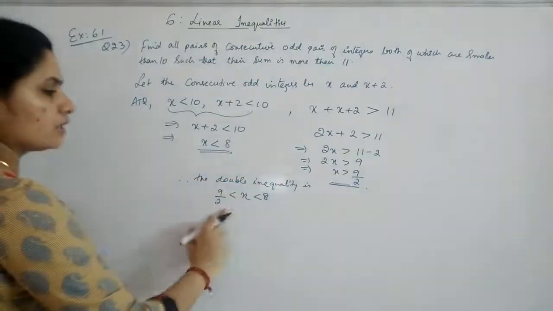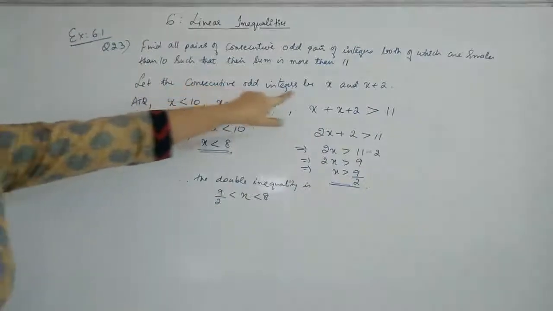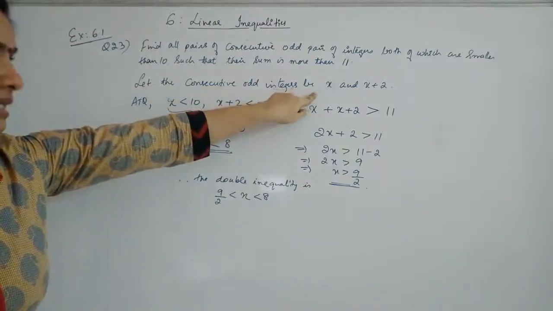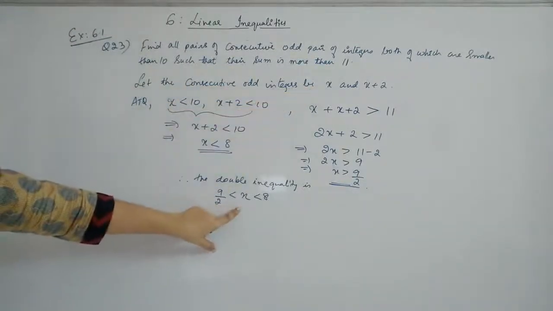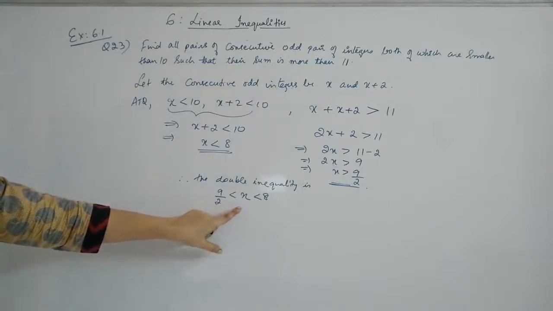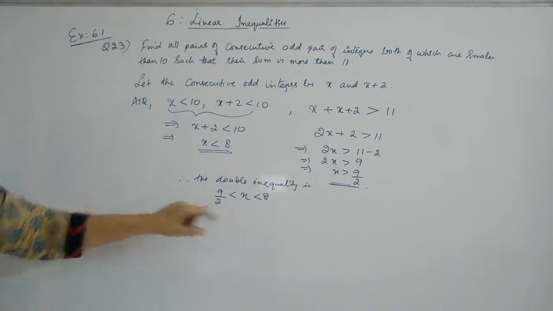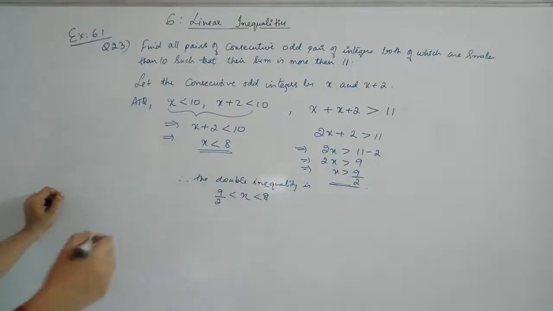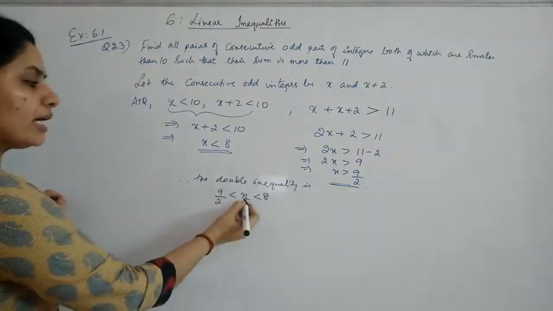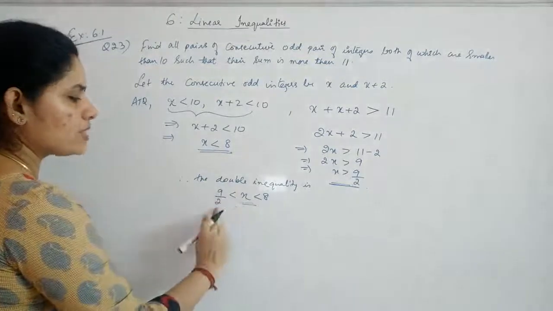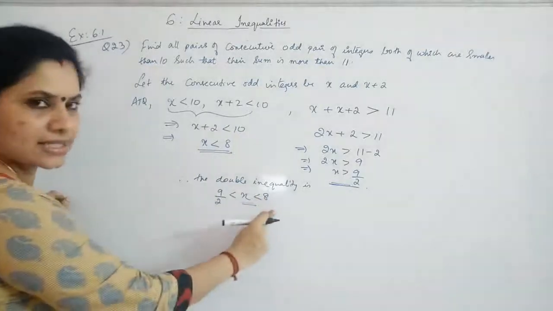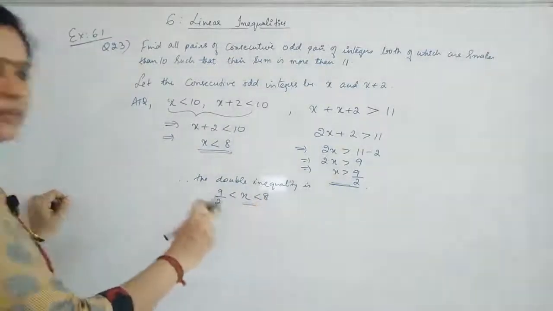Now what is the meaning of this? Actually you have to find out the odd integers, right? So for that we need to get the integral value of x. What is 9 by 2? It is 4.5. So you have to get those integer values of x which lie between 4.5 and 8, and they must be odd also.